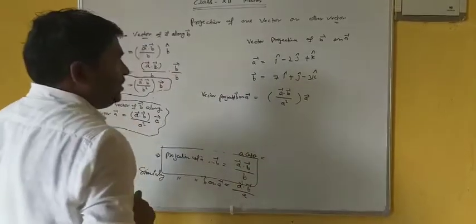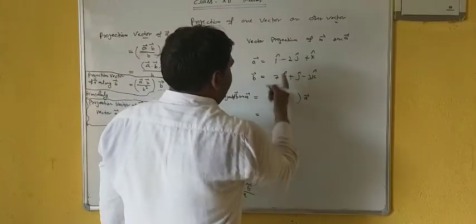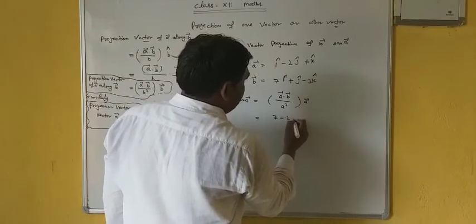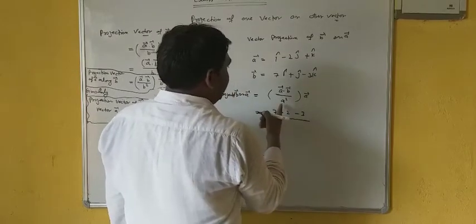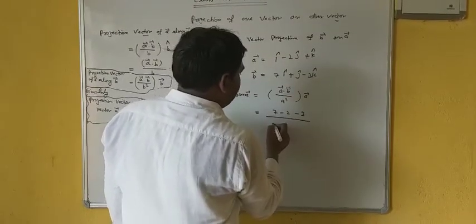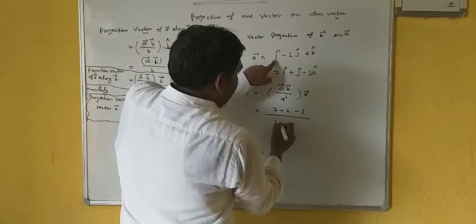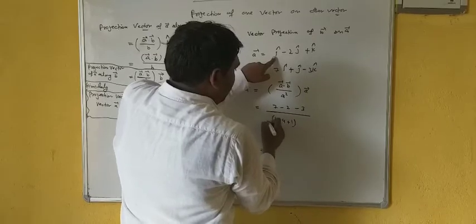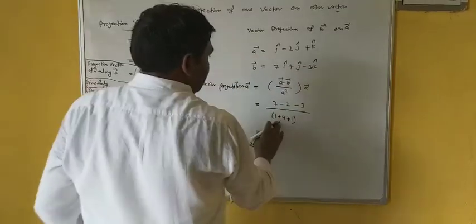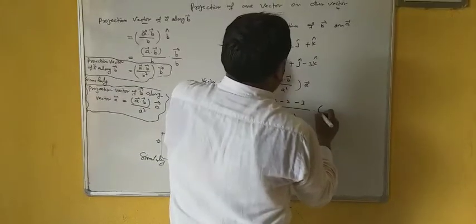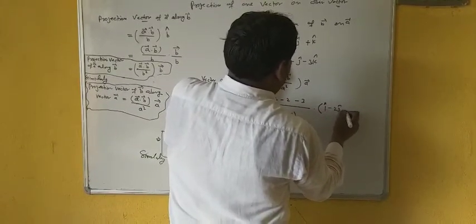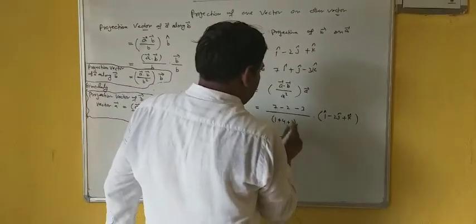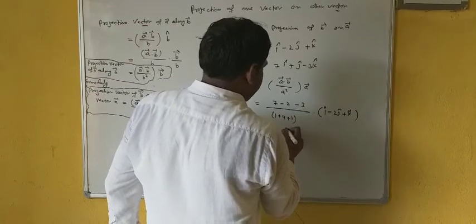So it's simple. A dot B: 7 times 1 is 7, plus minus 2, minus 3, divided by modulus of A square, which means under root 1 square plus 2 square, 4, plus 1 square. Here, under root whole square means this one only, into vector A. Vector A is i minus 2j plus k. See what you will get: here 6, and here 7 minus 5, 2.